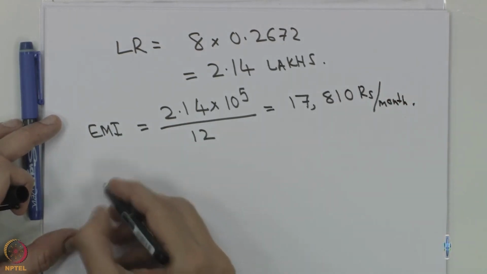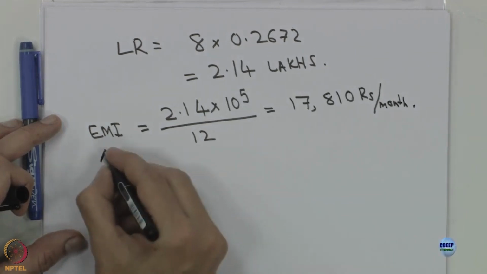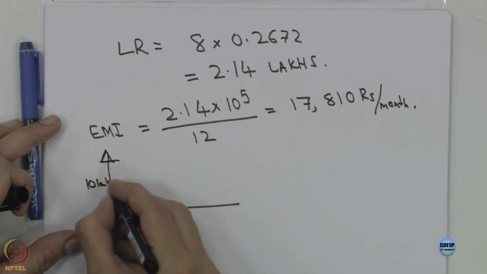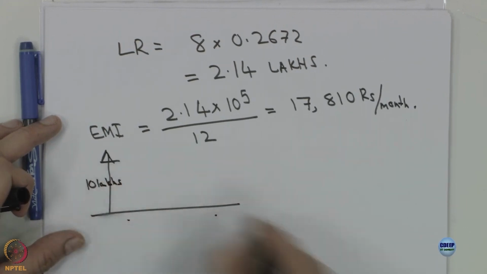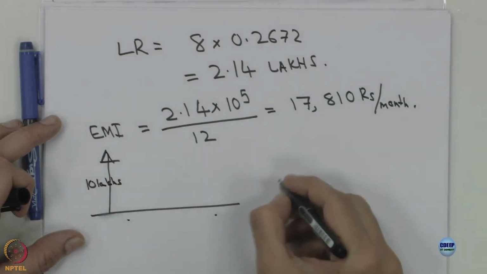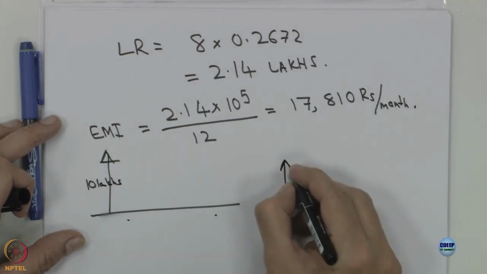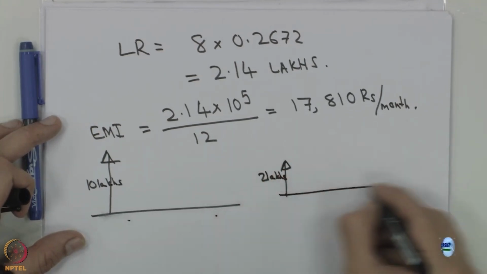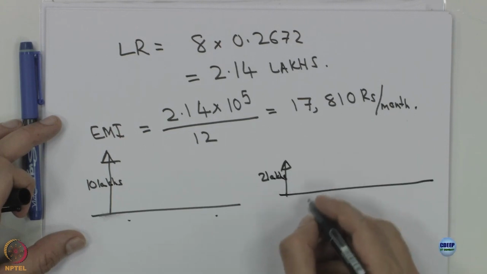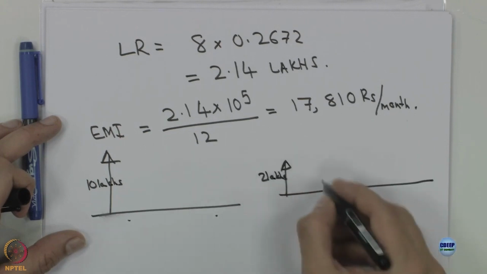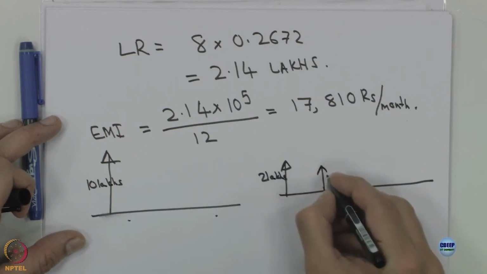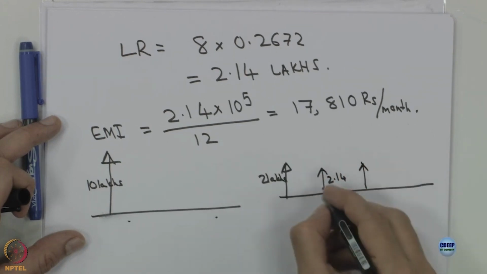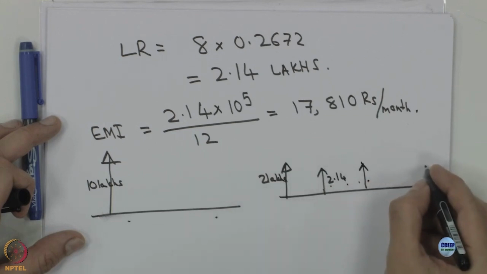So what is happening is that you have an option which is you pay 10 lakhs here and nothing else, or we pay 2 lakhs upfront and then we end up paying 2.14 lakh each year for 5 years.